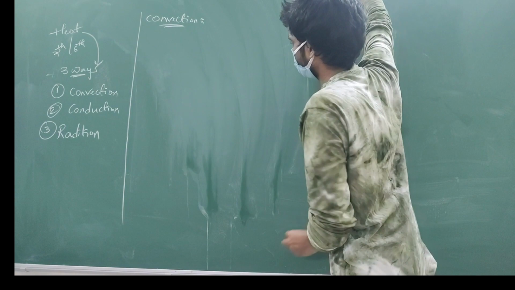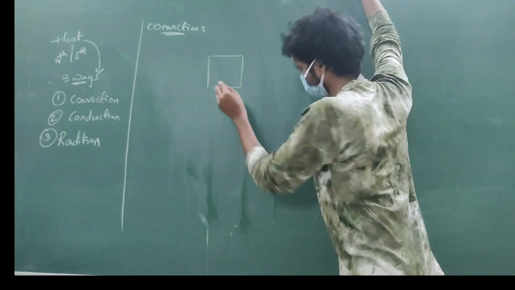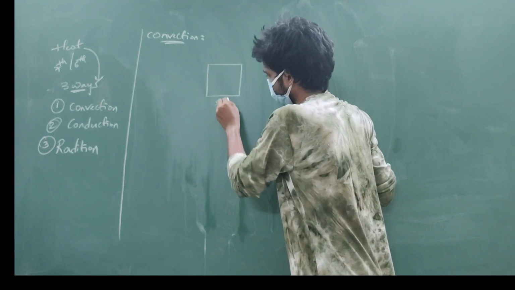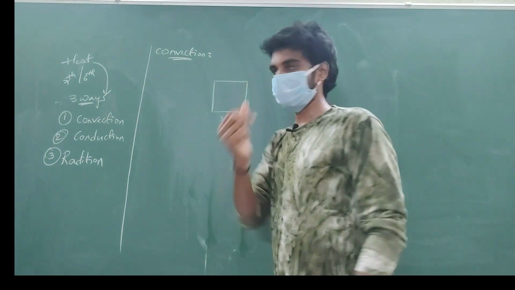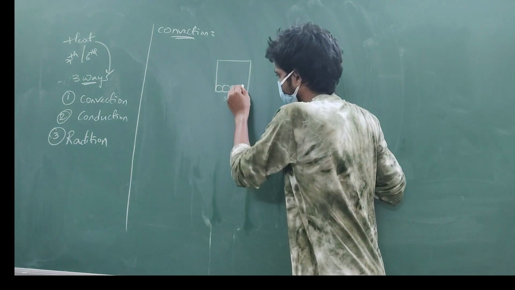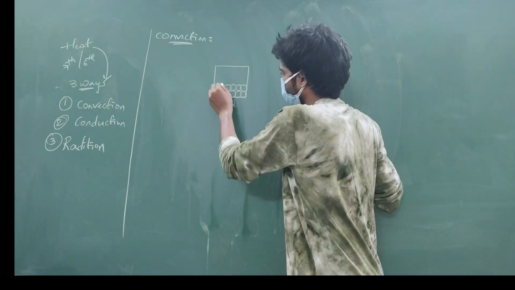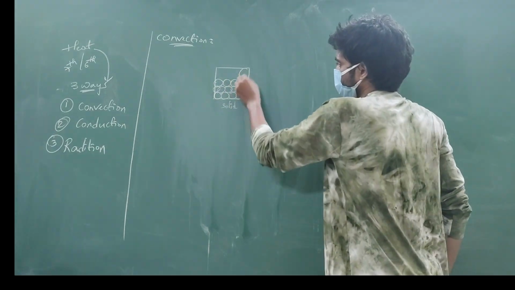Coming to the particles, if you consider a block, let's say it is in a solid state. If it is in a solid state, it contains particles, right? The particles are properly arranged like this. Let's imagine these as the particles. These are not the real particles, but just imagine them.